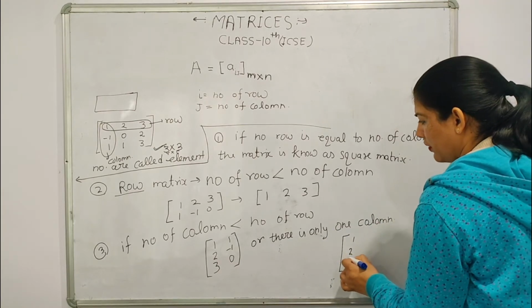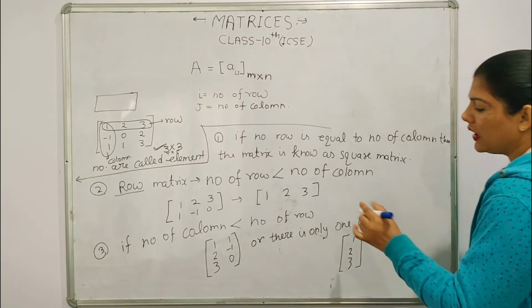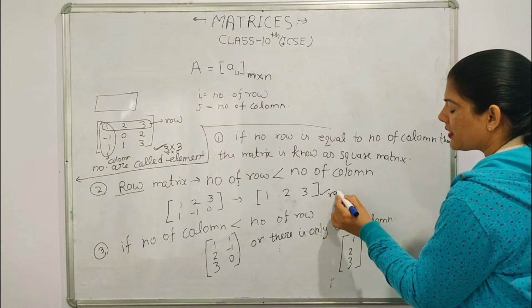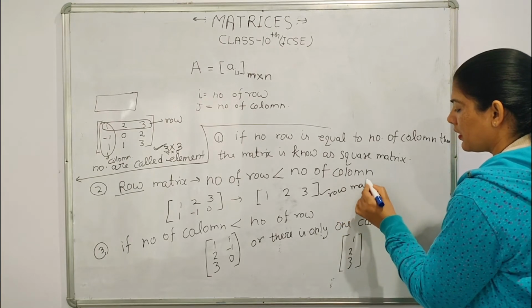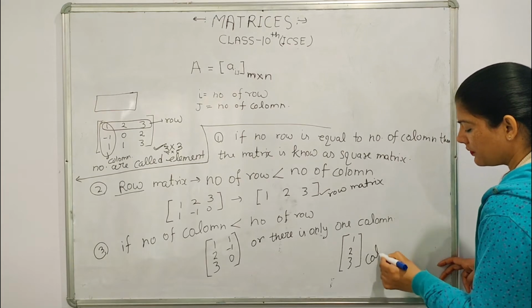If the number of columns or the number of rows is 1 only, then this is a row matrix, and this is a column matrix.